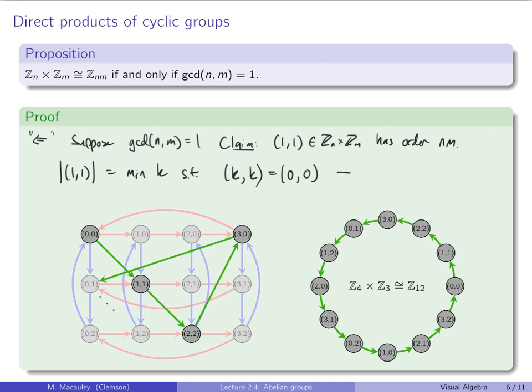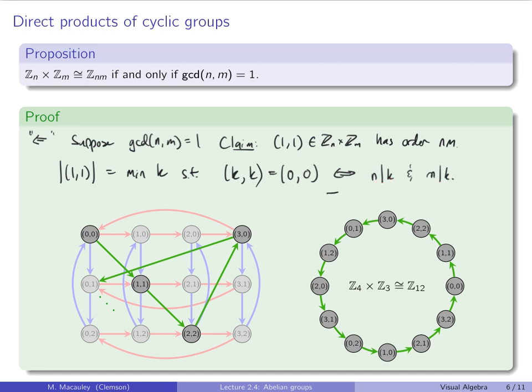So that means that n divides k and m divides k. And k is the smallest integer that does this by definition of order, which means that k is the smallest multiple of both n and m.